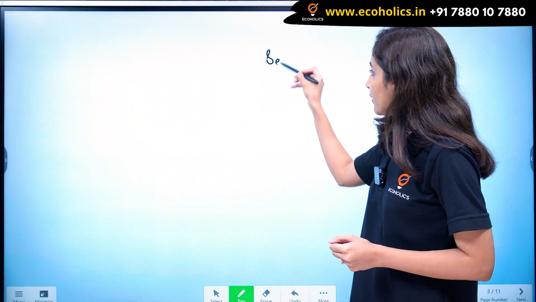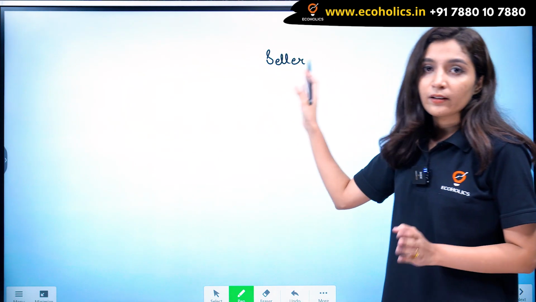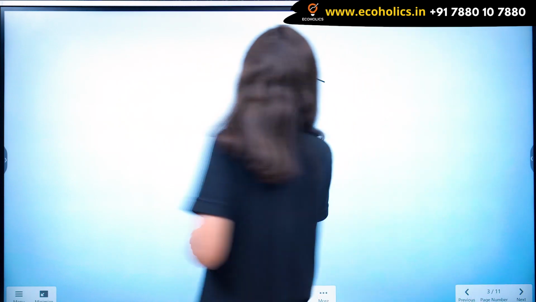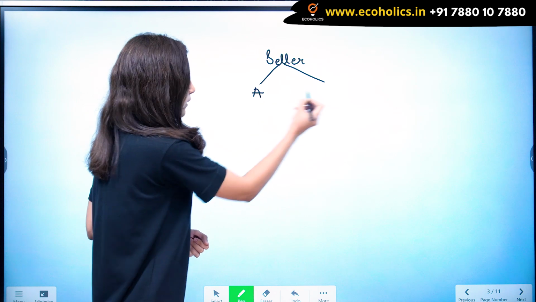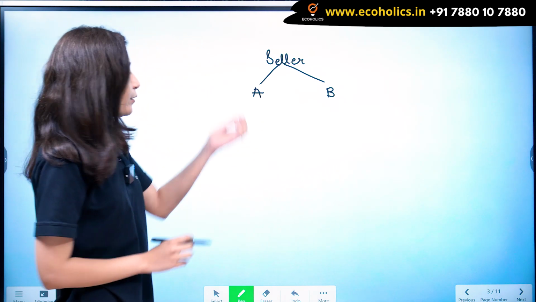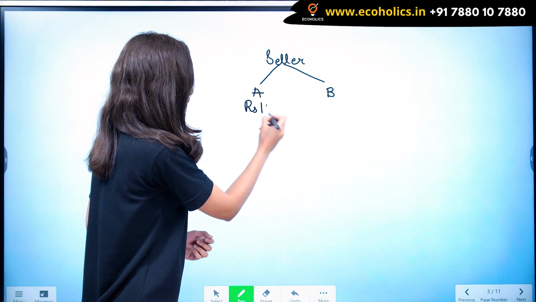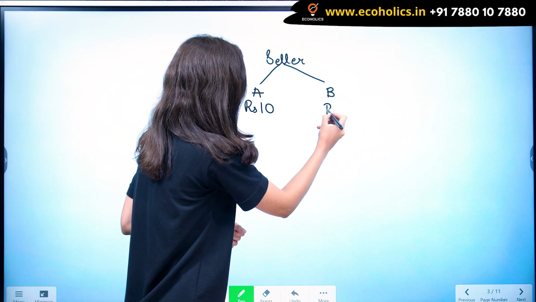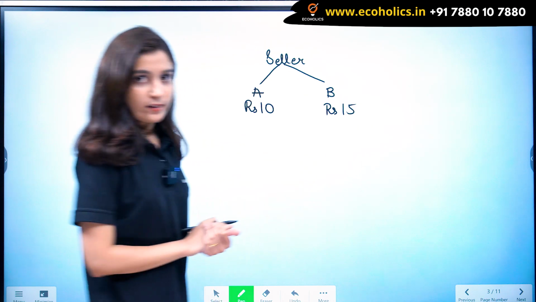let's say we have a seller and this seller sells in two different markets, that is we have market A and we have market B. In market A, he sells at rupees 10 and in market B, he sells a product at rupees 15, let's say.